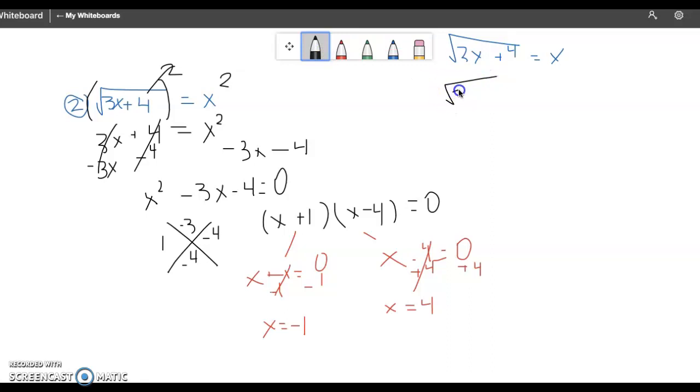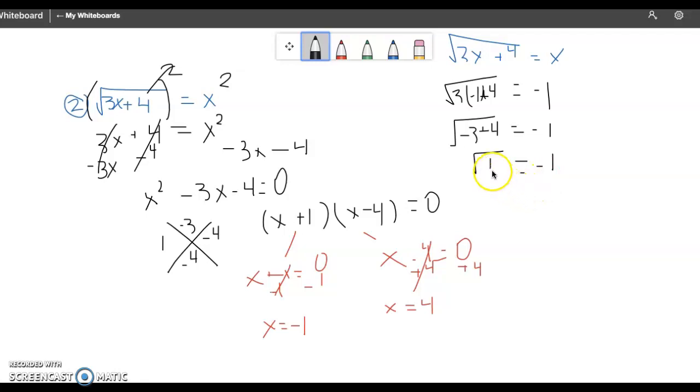So we have 3 times negative 1 plus 4 equals negative 1. Then we're dealing with 3 times negative 1 is negative 3 plus 4 equals negative 1. Then we're at the square root of 1 equals negative 1.